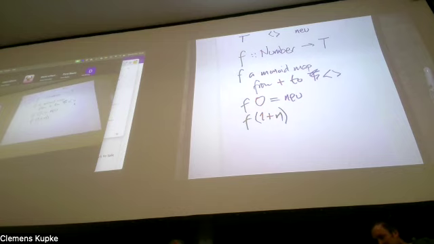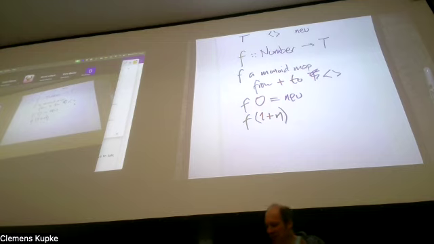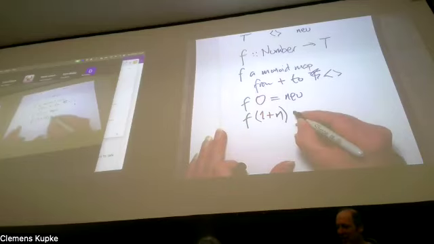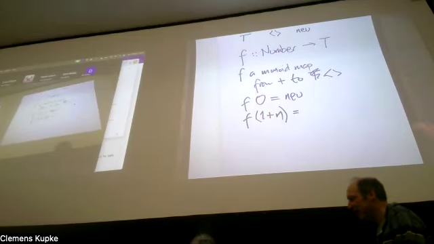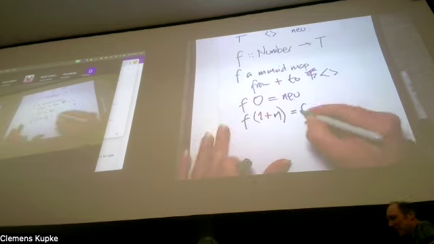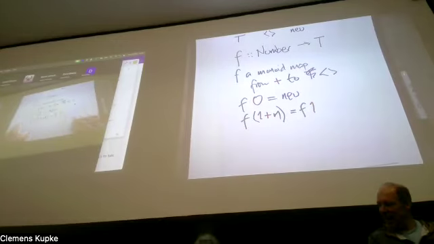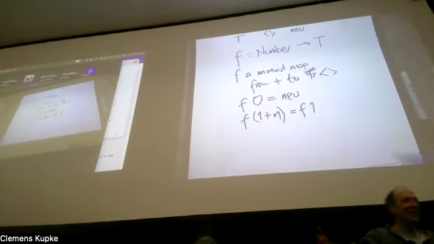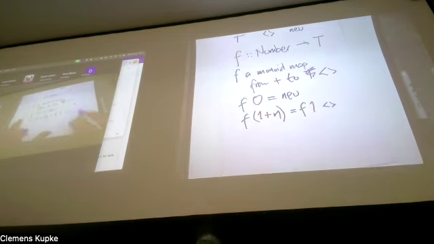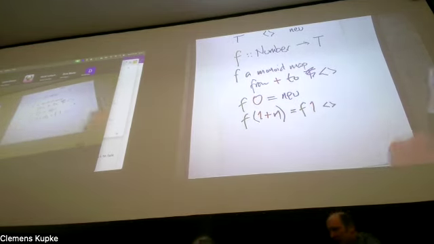But we know f is a monoid map. So what do we know? We know that it distributes, so we should get f of 1 combined with f of n. Otherwise, we're in trouble. Not plus, combine, whatever the combine is; you have to put the new operator with it.